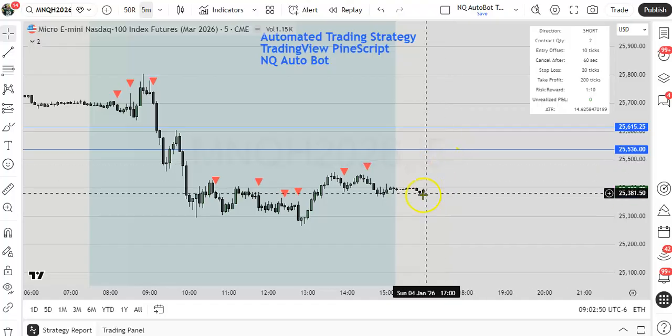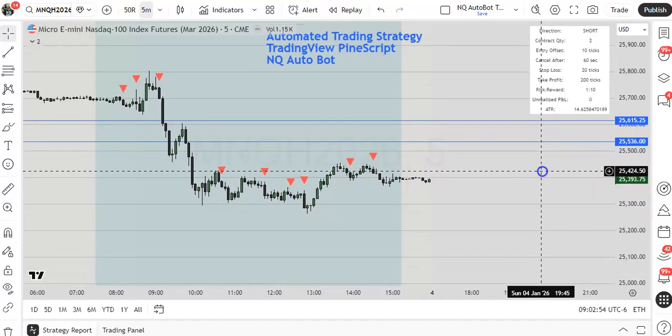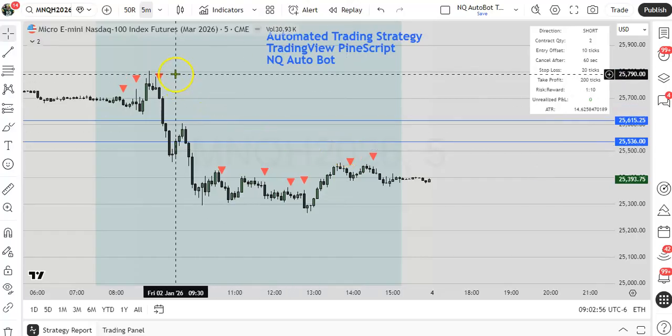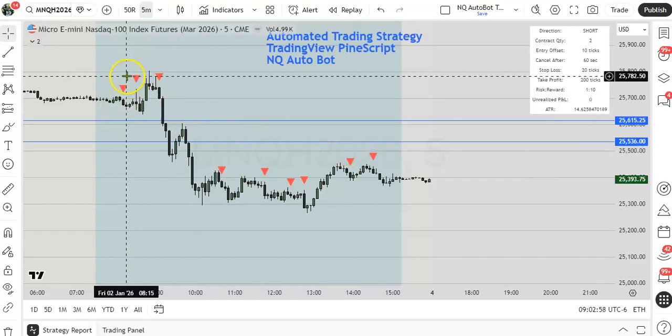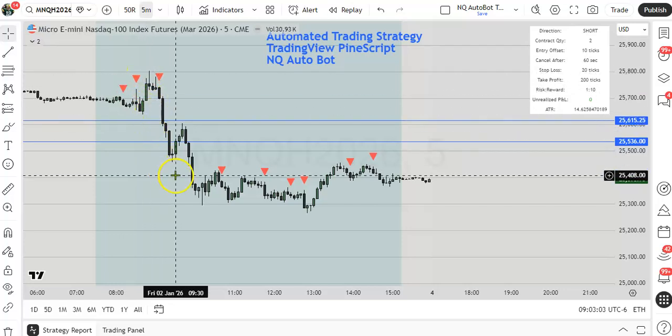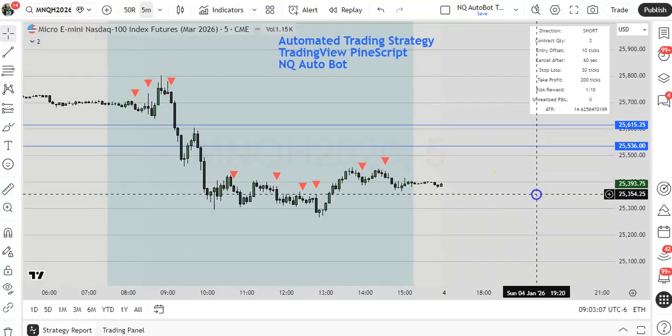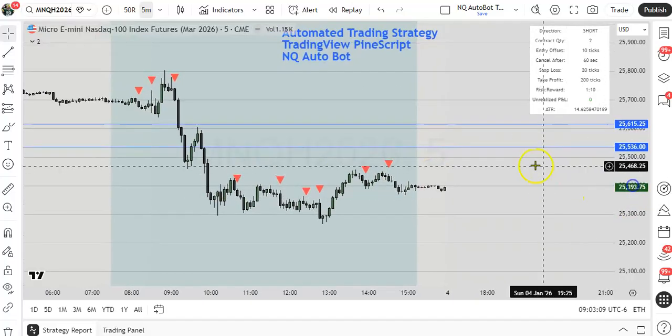I just don't know how it can exist. There's too many unknowns throughout the day that can happen. So if you can get something that's consistently profitable and has good risk management controls, that's what I was looking for, and I think I've achieved it.